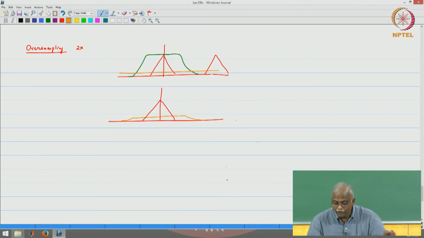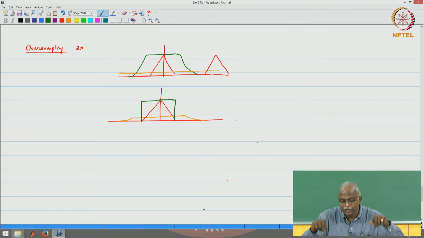Now if I downsample by a factor of 2, which is what you would need to do, I have oversampled by a factor of 2 after the anti-aliasing filtering, so at some point I have to downsample by a factor of 2. Which means that I would now apply a digital filter and then downsample by a factor of 2.